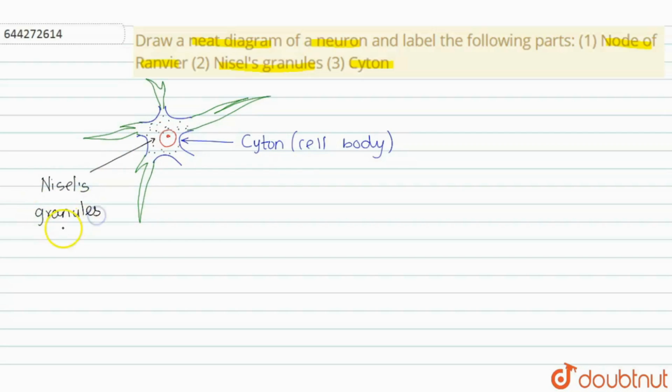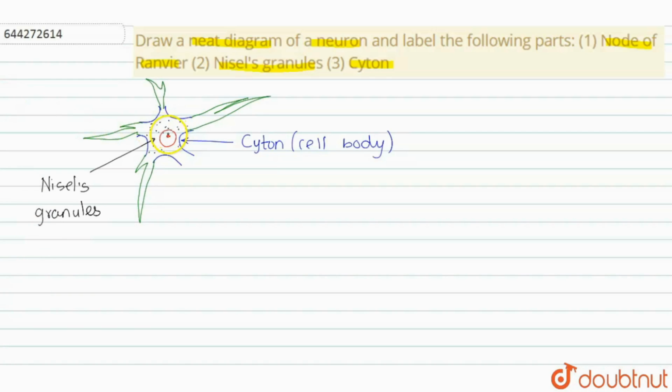These granules are responsible for giving gray color to the cyton. That is why the cyton or the cell body appears gray in color, because the Nissl's granules are grayish in color. So this was about the cyton and the Nissl's granules.